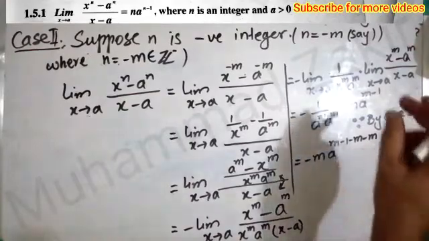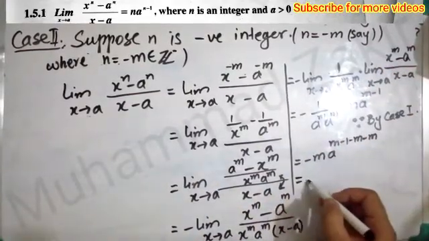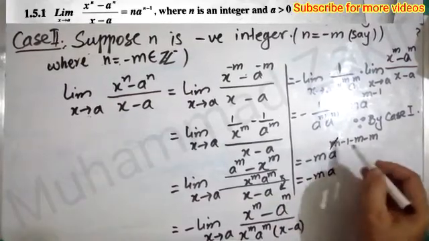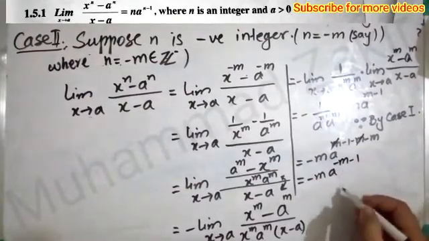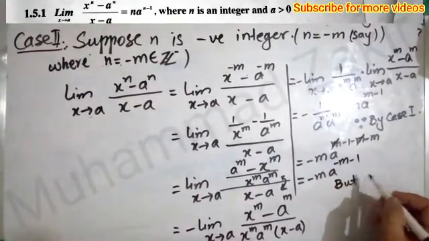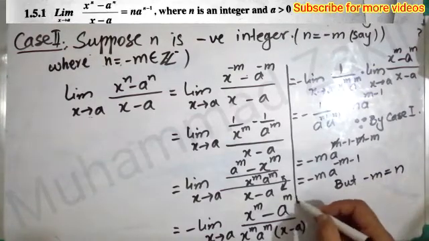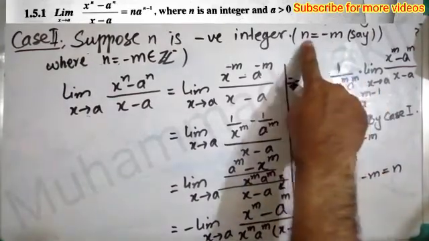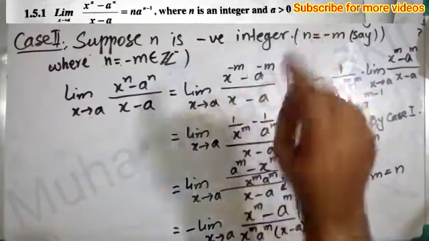These two powers will be subtracted in the numerator a, minus m a power, these two cancel. What is the power? Minus m minus 1, but we write here minus m is equal to n. In this case we kept minus m as the value of n, so minus m can be replaced by n.